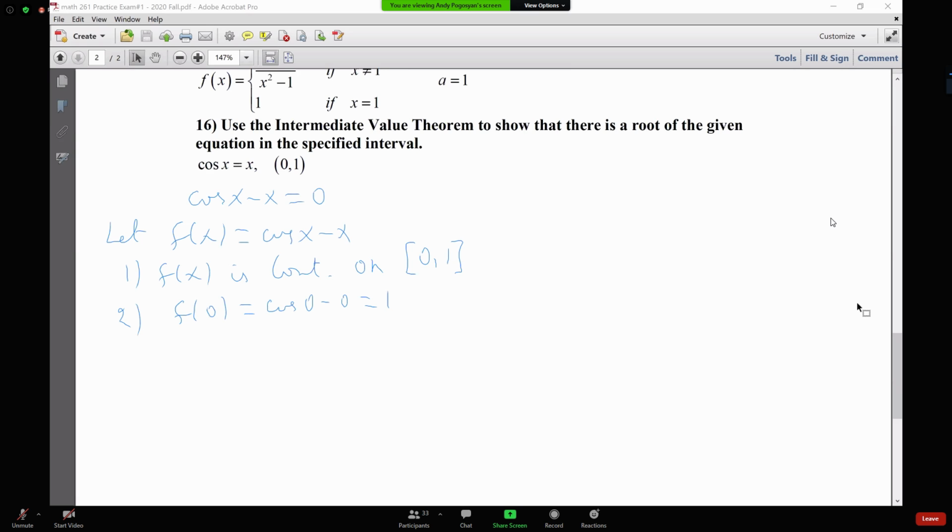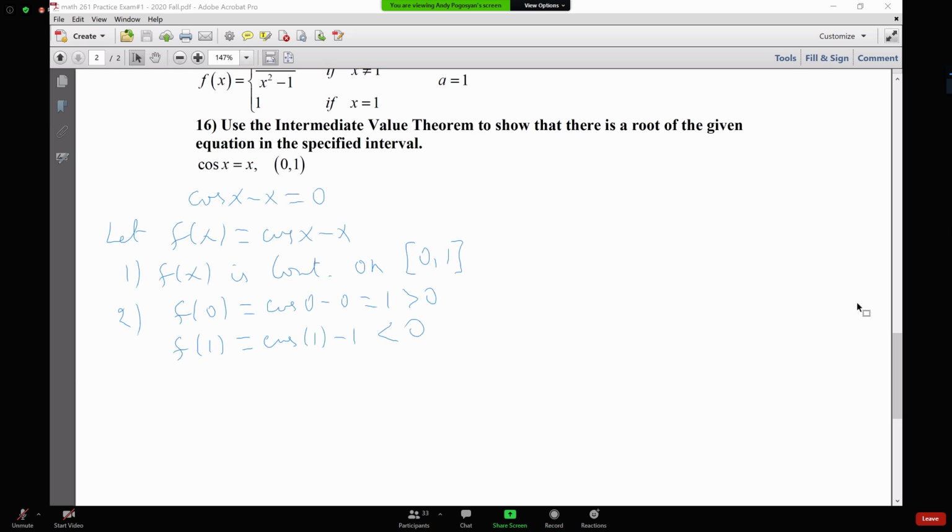This is 1, greater than 0. f at 1 equals cosine 1 minus 1. You can find the approximate value, but this is less than 0. 1 is a radian measure, remember, not degree. In both cases, you get less than 1. But in general, whenever you have these, those are radian measure. So it's less than 1.